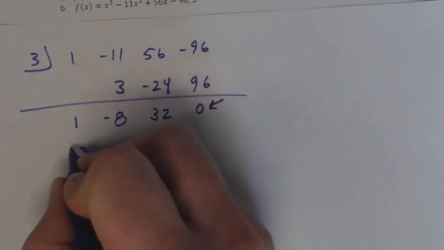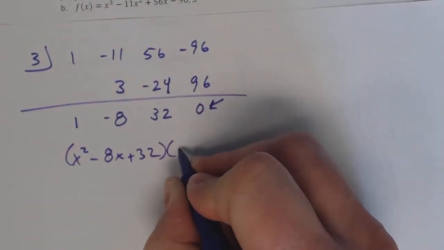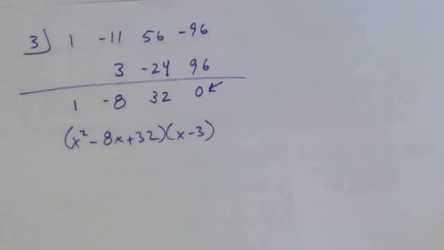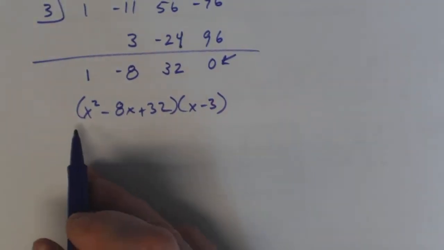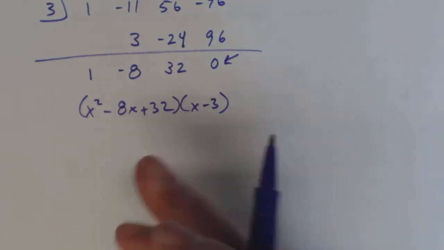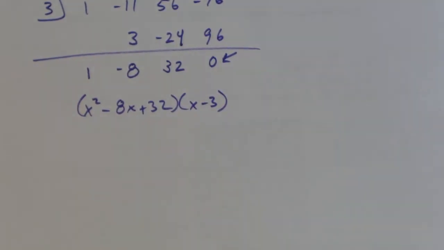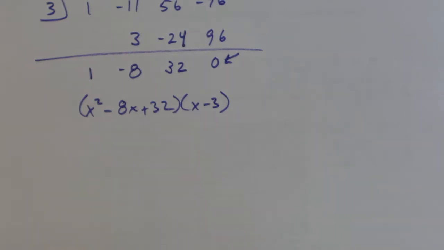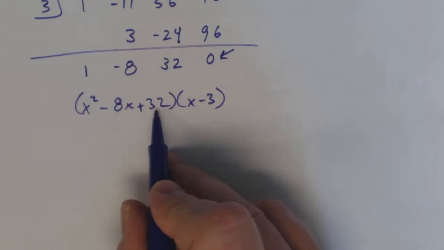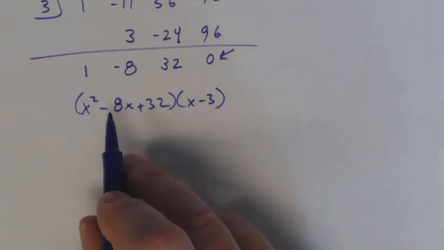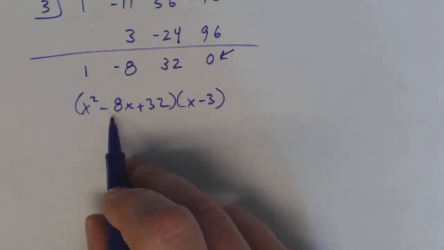So if I factor this, I get this. This is my factored form that I have right now. Now I can solve this little quadratic kind of any way I want to. I can try factoring it, or I can try the quadratic formula. I don't know of any numbers that would multiply to give me 32, but would add to give me negative 8.